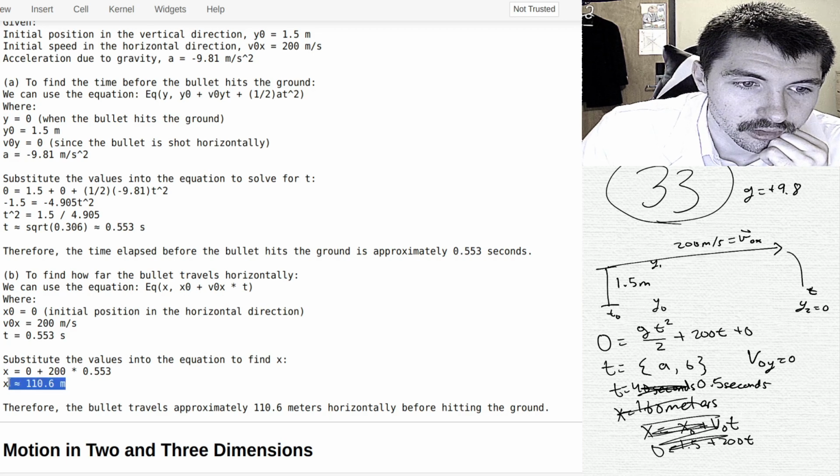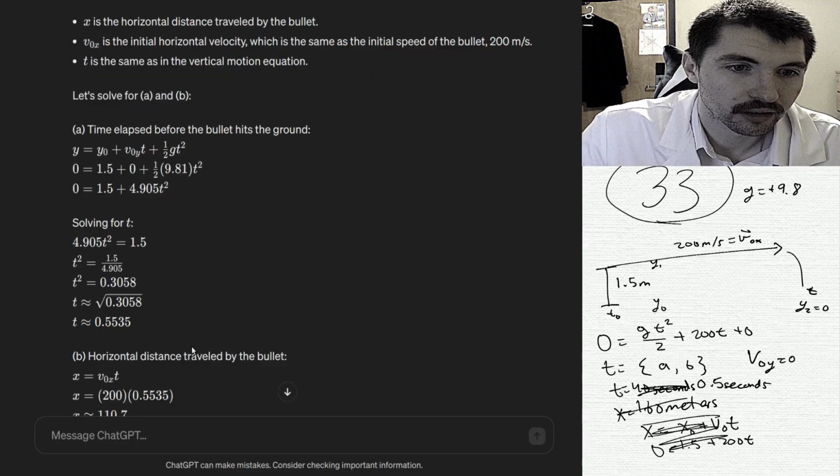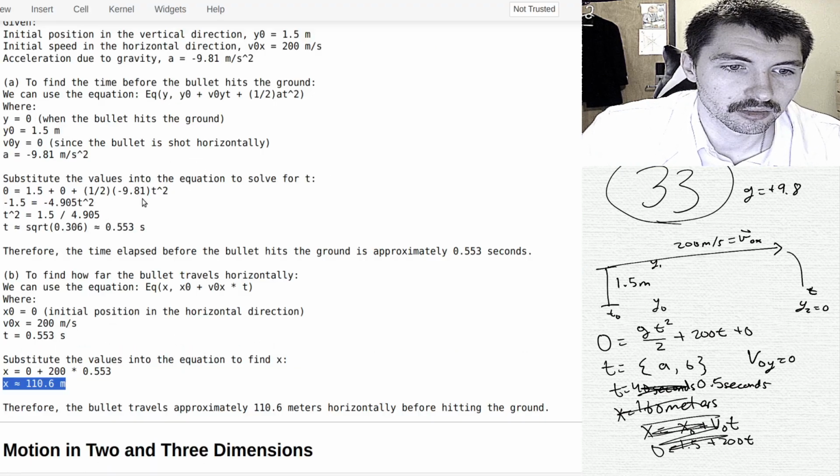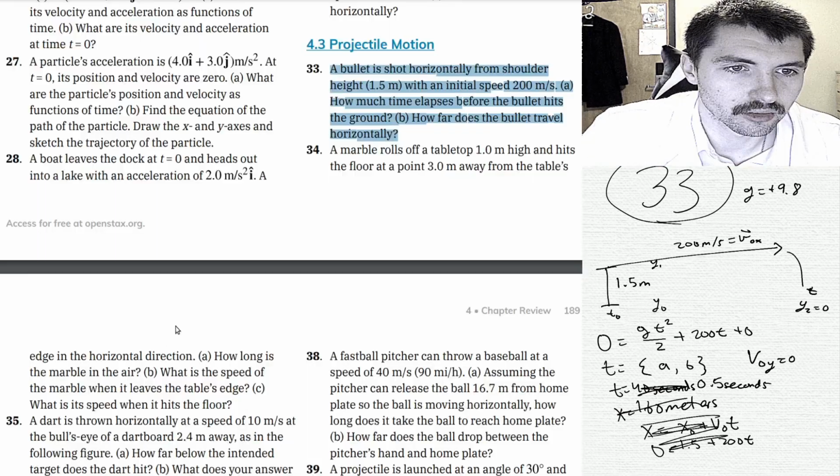And they're getting 110. The book got 110, so they did use that. So what is this equation called? X is that.